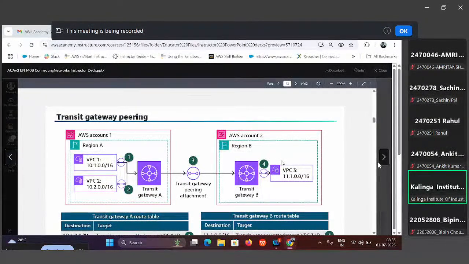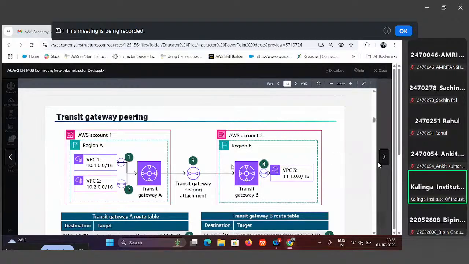You are connecting different regions with different subnets associated with the VPC. For that purpose, we use transit gateways. So here you can see there are two VPCs from one region and one VPC connected from another region, of another account, and both have their transit gateways. So one is for these VPCs.